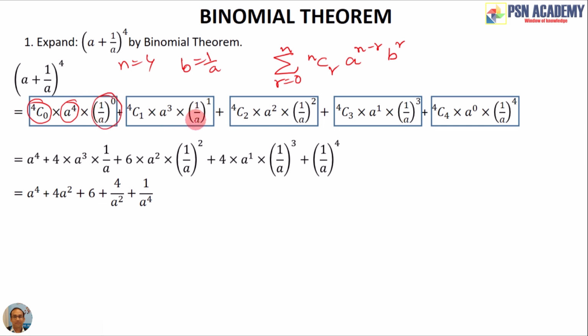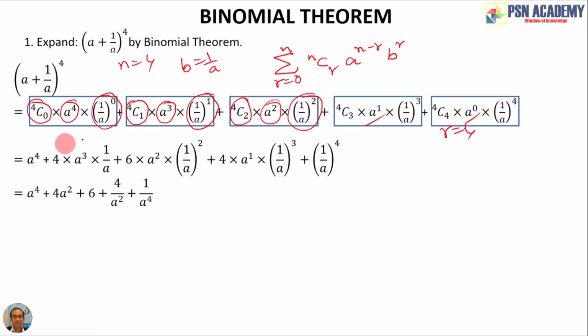The second term, when r goes to 1: 4C1, a raised to n minus 1, that is 3, and b is raised to 1. When r is 2, 4C2, a raised to 2, 1 by a raised to 2, like that. And we stop here because r has already reached 4, b has reached the power 4, and a has reached 0, right?